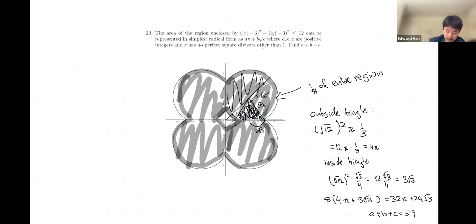And then if we have any three adjacent squares, say with scores A, B, and C, we can add or subtract 1 from each of the scores to get A minus 1, B minus 1, C minus 1, or A plus 1, B plus 1, C plus 1.